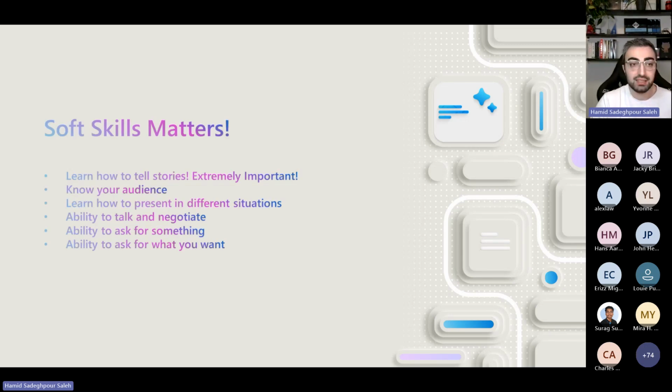And eventually, soft skills matter. Why is that? Because, as mentioned earlier at the start of the session, if you build just a 100% technical mindset, despite loving it, you will be successful as well in your path.